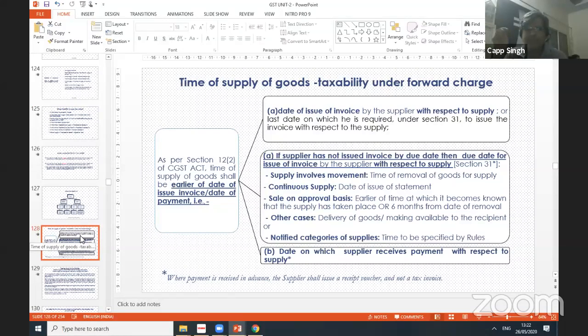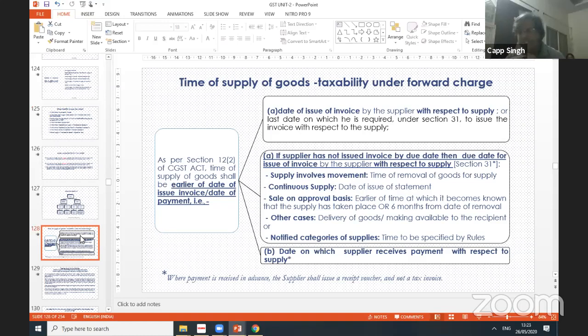What is the time limit? Suppose I have sold some goods to another person and I have not issued an invoice, then it is a mistake, and this mistake or offense may lead to a penalty under the provisions of GST. So an equivalent amount of penalty may be there.